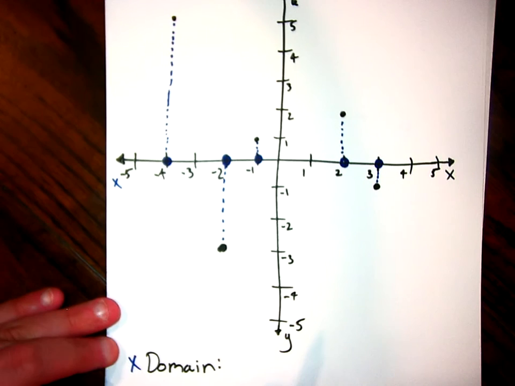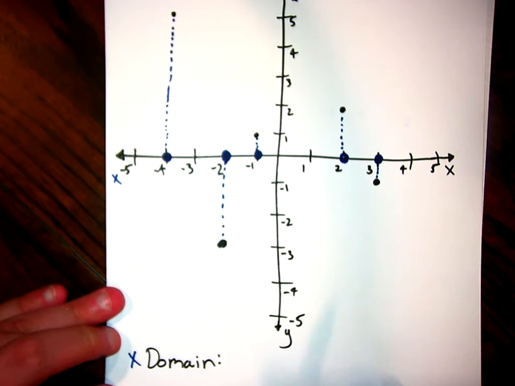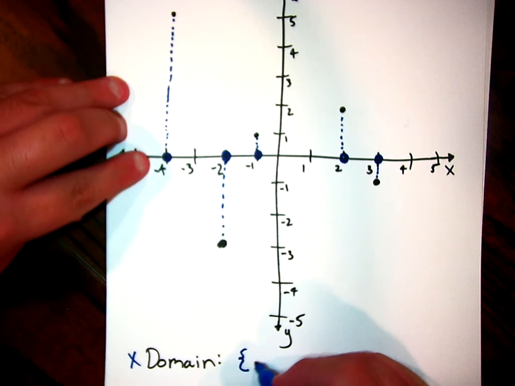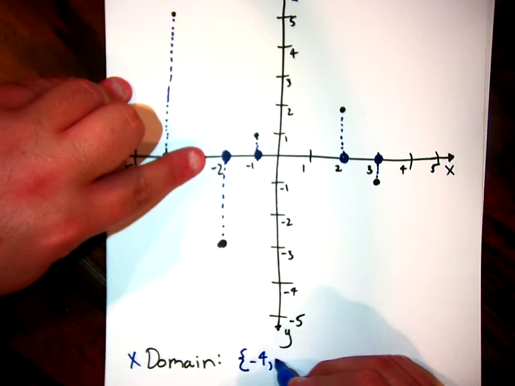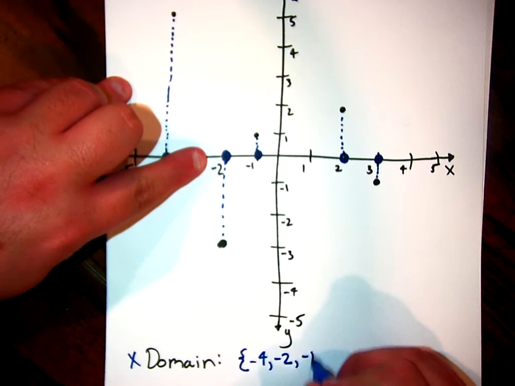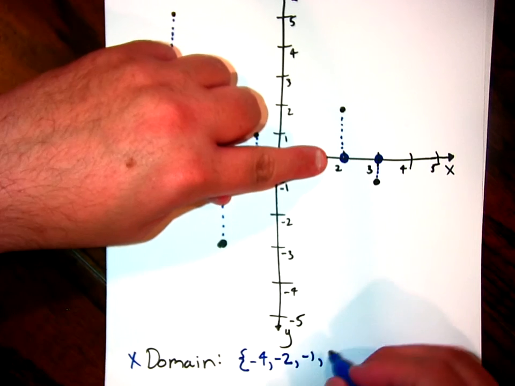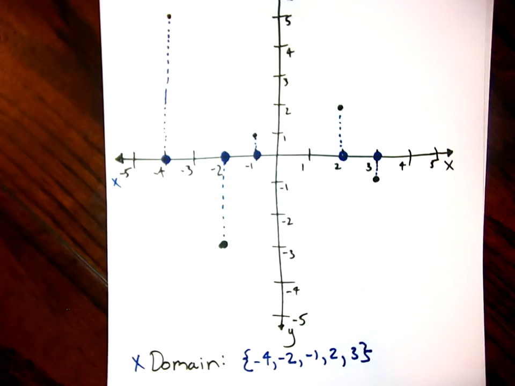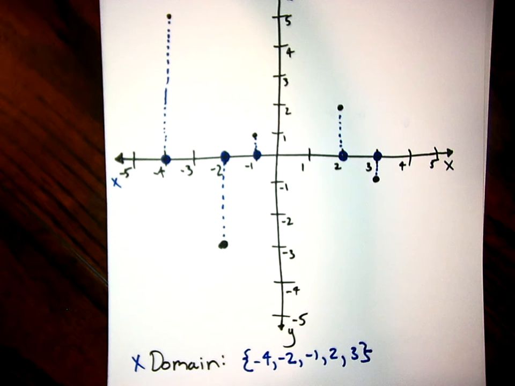Instead of from this to this, I'm just going to get a collection of points. So the domain is just going to be -4, -2, -1, 2, 3. And that's it. That's my domain. It's just those x values, nothing else.